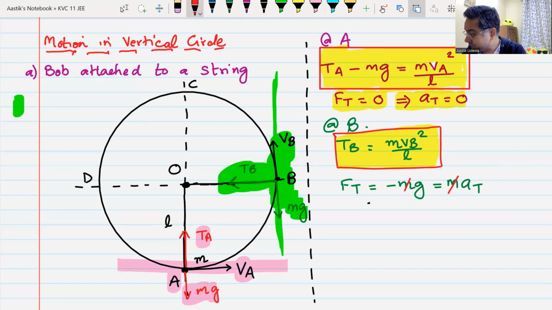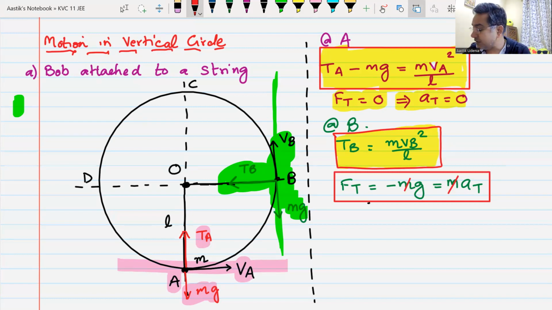This is the second equation that you can make at point B. So at point B, you have tangential acceleration also, which is equal to minus g. That finishes my equation at point B.